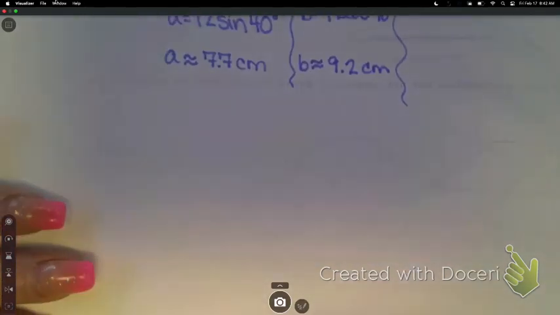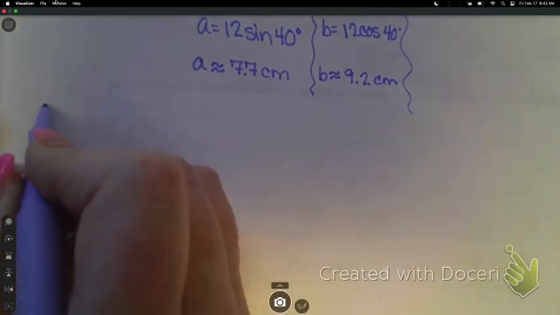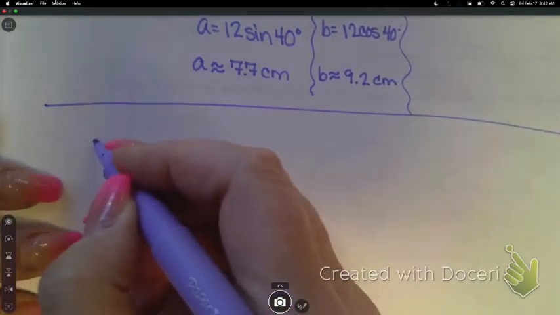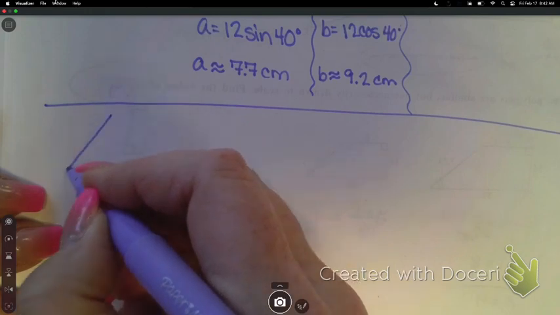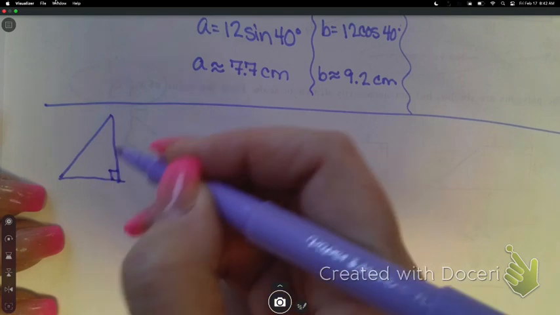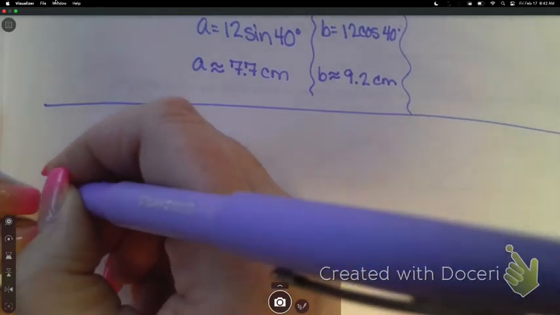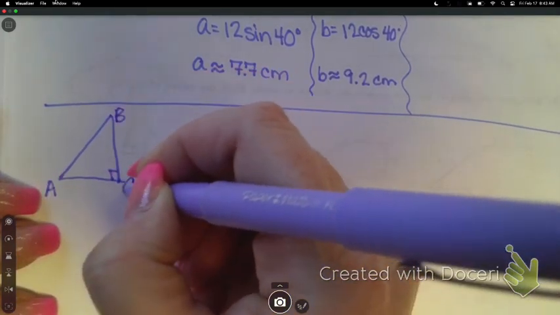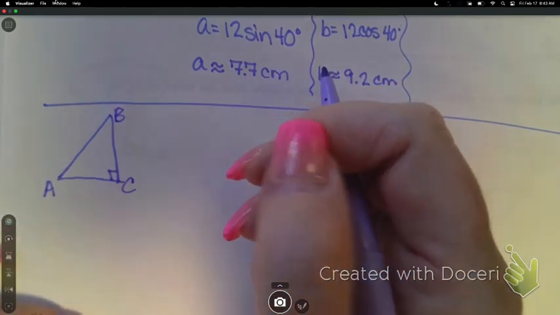Okay, so triangle ABC. You will notice most of my triangles just look the same. It doesn't really matter if they look like mine, they just need to have a right angle, correct? So A, B, C. I expect to see pictures on homework.